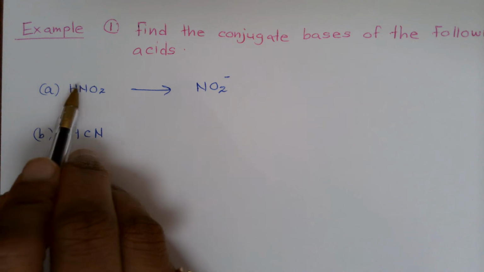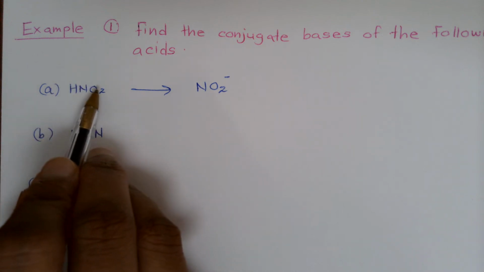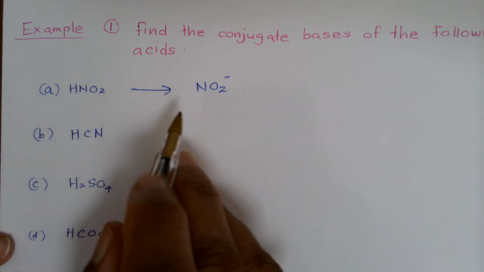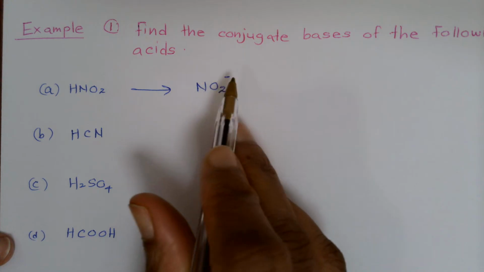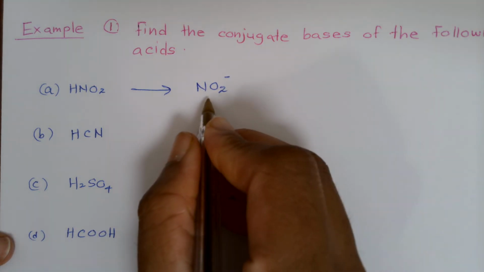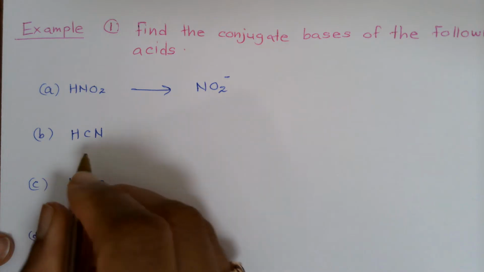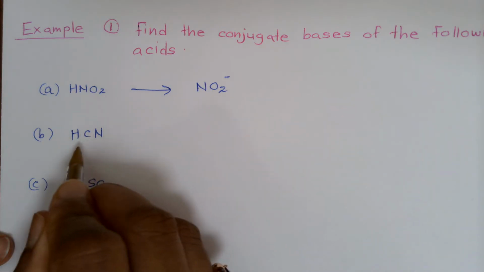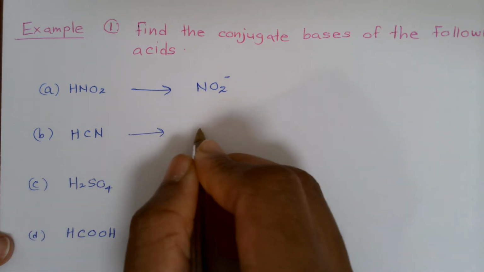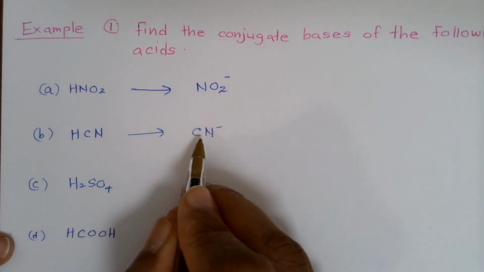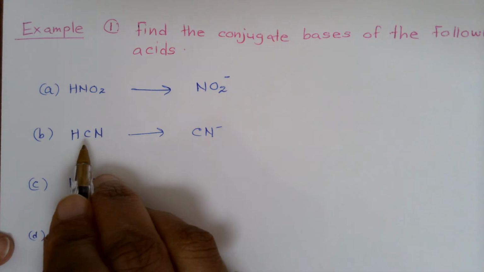Both electrons in the H-N bond are donated onto the nitrogen, and hydrogen leaves without taking any electron. Therefore it becomes minus, NO2-. That is the conjugate base of this acid. Next one is hydrocyanic acid. After removing hydrogen here, the product is CN-, cyanide. So CN- is the conjugate base of hydrocyanic acid.